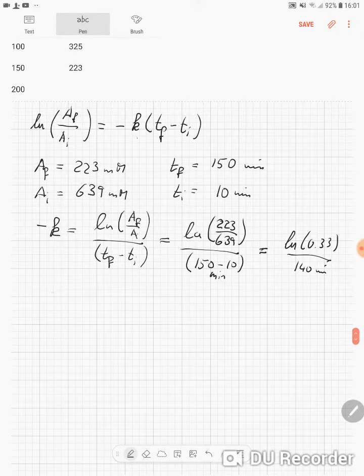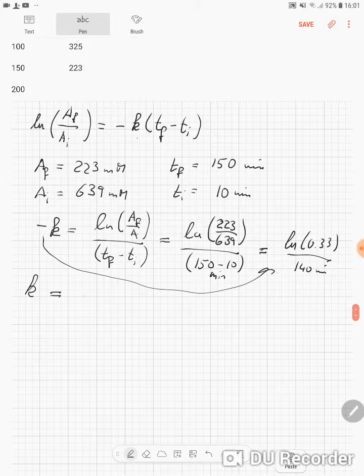And this gives us, if we bring the k to that side, a rate constant of 7.51 times 10 to the minus 3 minute to the minus 1.